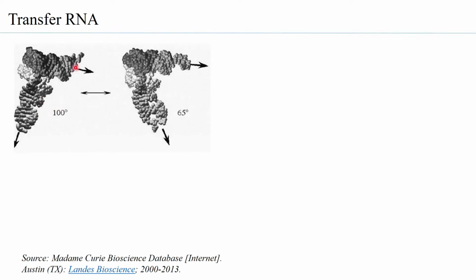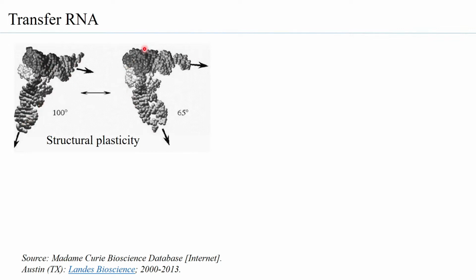Now, again, when you look at the various tRNA molecules, what one has identified with the tRNA is something that is called structural plasticity, which means that there are changes in their conformation with respect to what it binds to. So say for example, you consider this tRNA bound to an mRNA. You can see how between the acceptor arm and the anticodon arm, you have an angle of 100 degrees.